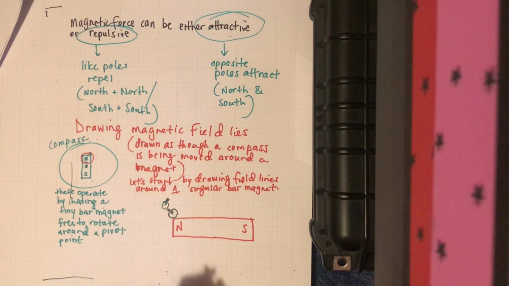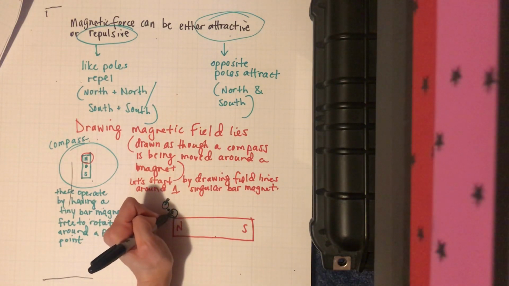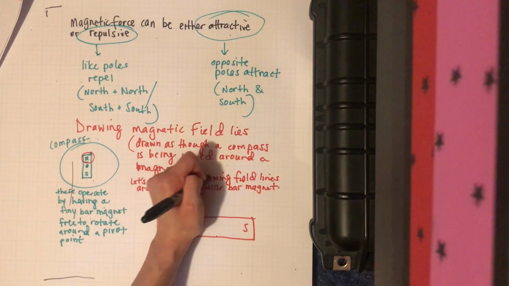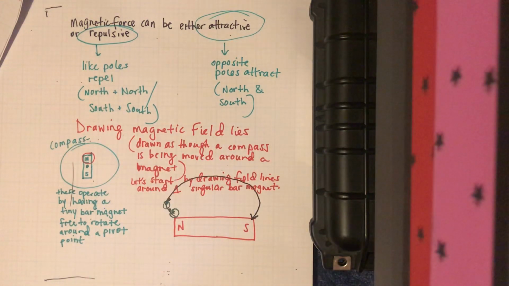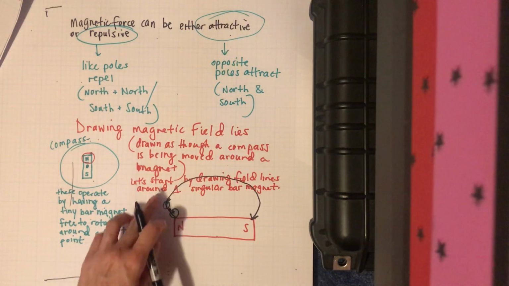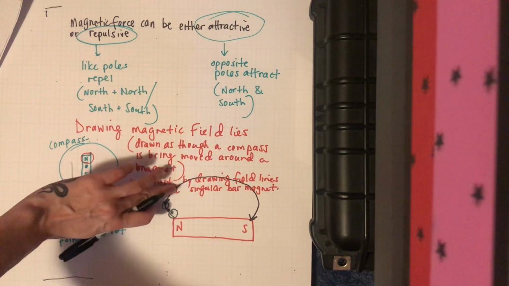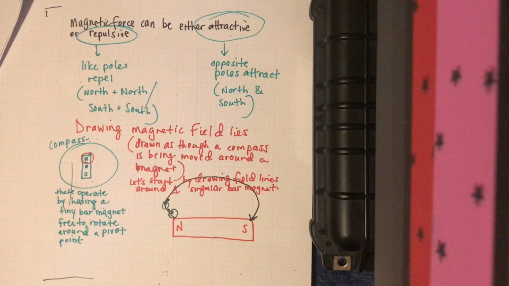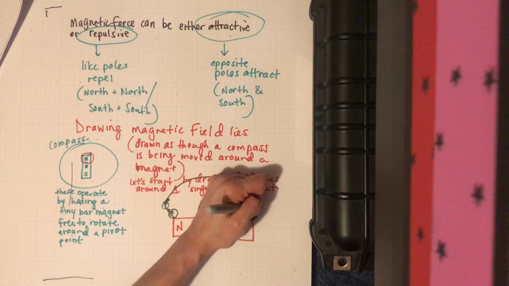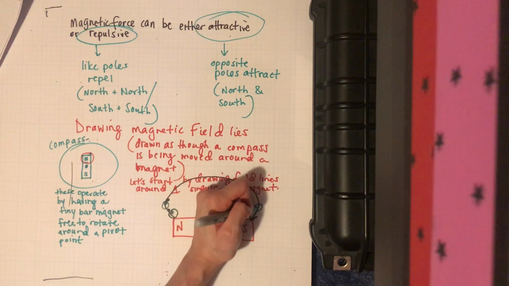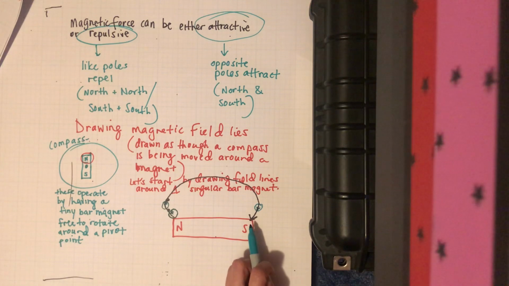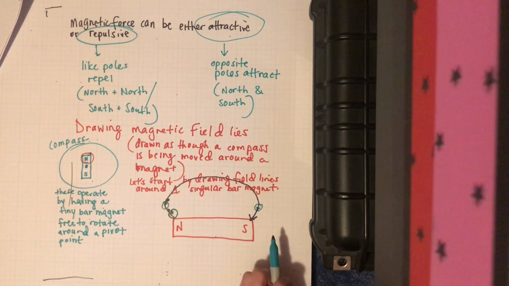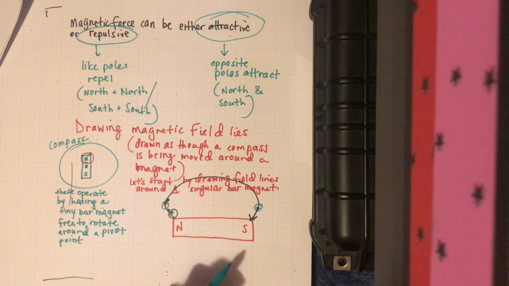And what you're going to end up with is a loop that looks something like this, if we were to follow through by moving our compass in each successive position. Because once we get to this last point over here with our compass, we know that north is going to attract towards the South Pole because we know that opposite poles attract. So here's my first field line.